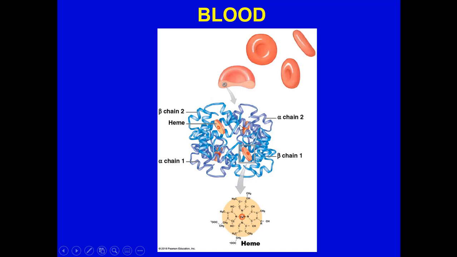So here we have this situation here. You have two beta chains, two alpha chains. Each one of these chains is a subunit making up a more macromolecular structure of hemoglobin. Each one of these chains has a heme group, as you can see right here, and in the center of it is the iron.